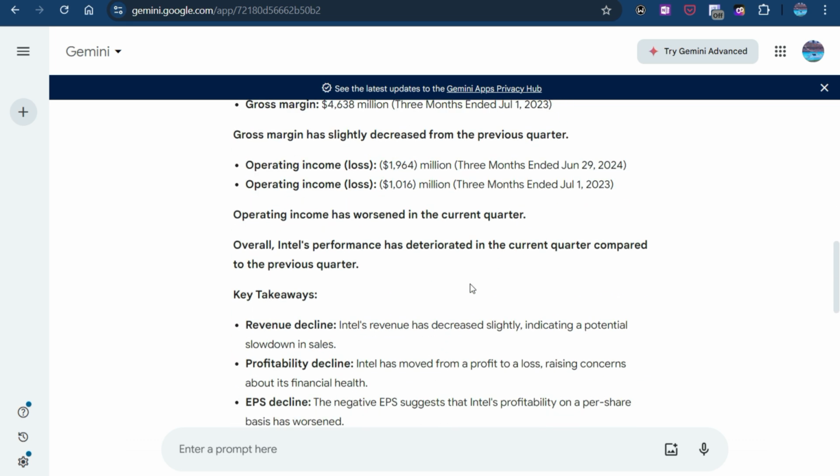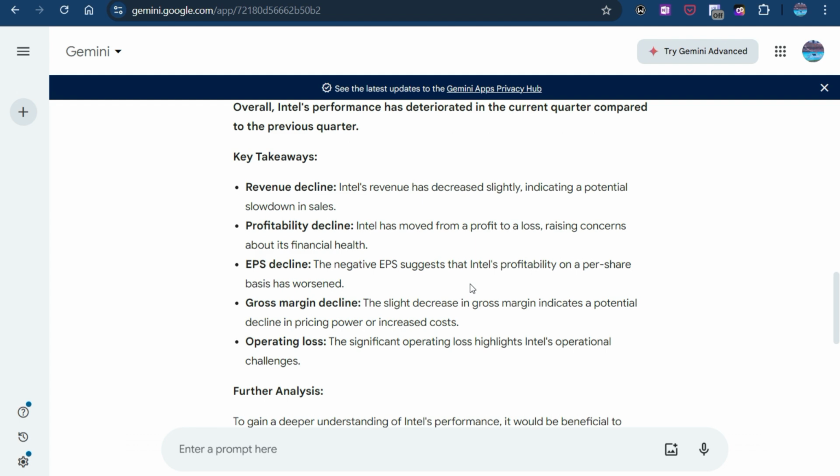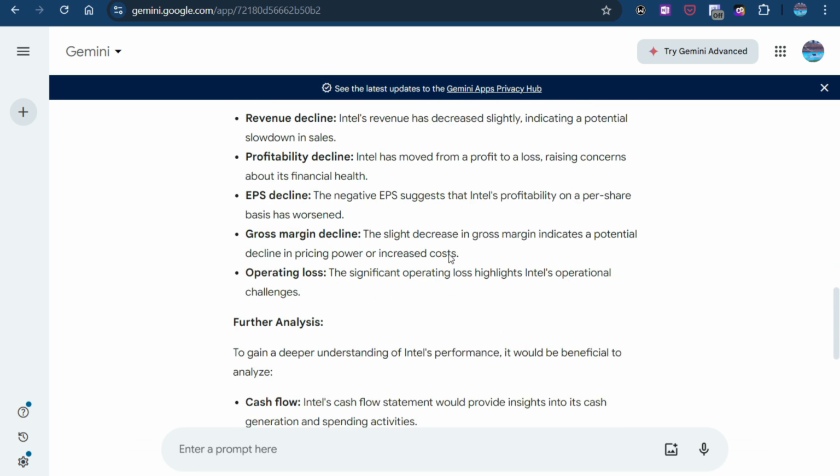So doing some basic reviews, it gives me some key takeaways. Revenue decreased slightly, potential slowdown in sales, a move from a profit to a loss, negative EPS, gross margin. So not really a lot of new analysis that it hasn't already done in terms of telling us the change.